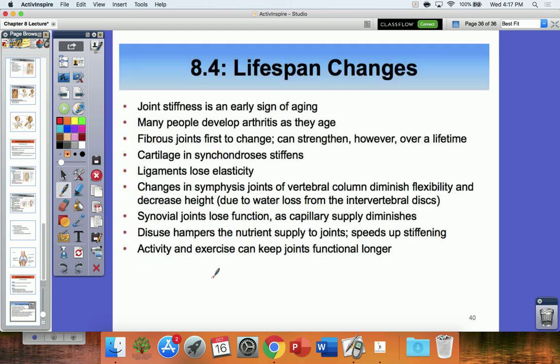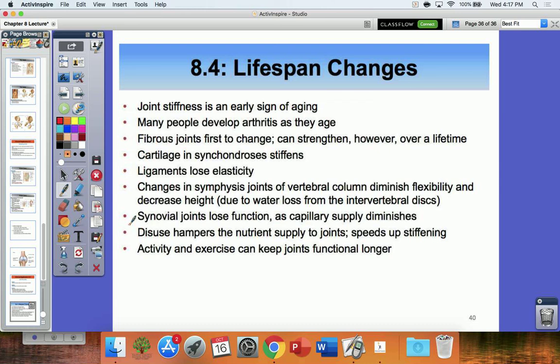And as far as our lifespan changes, as we get older, and I've mentioned this before, we have normal wear and tear of our joints, and it could be where the cartilage is being worn down. It could be where the ligaments are losing elasticity. It could be where the synovial fluid is starting to leak, or those joints start to lose as much function as they once had.